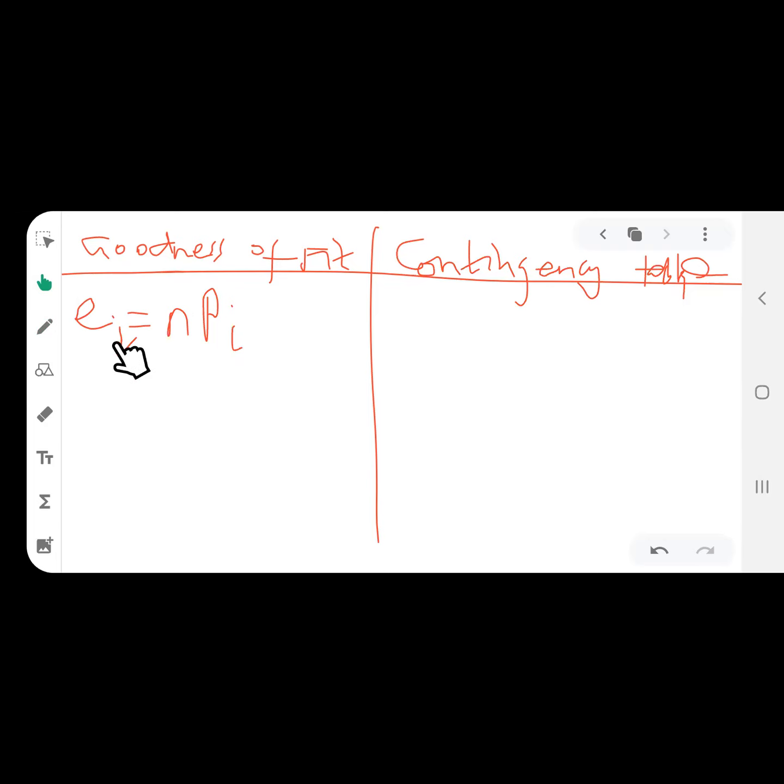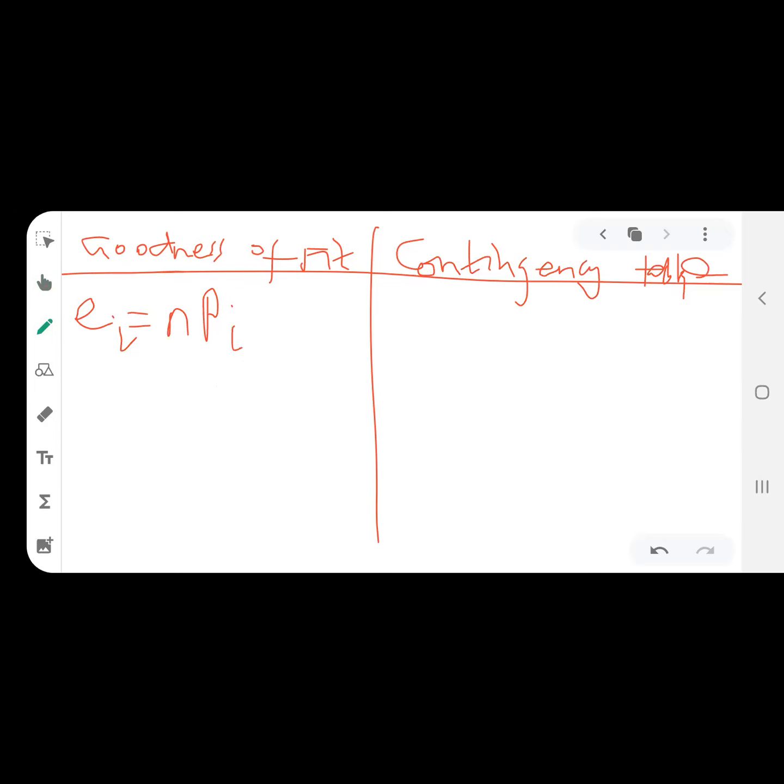This is the formula for finding the expected frequency for goodness of fit.